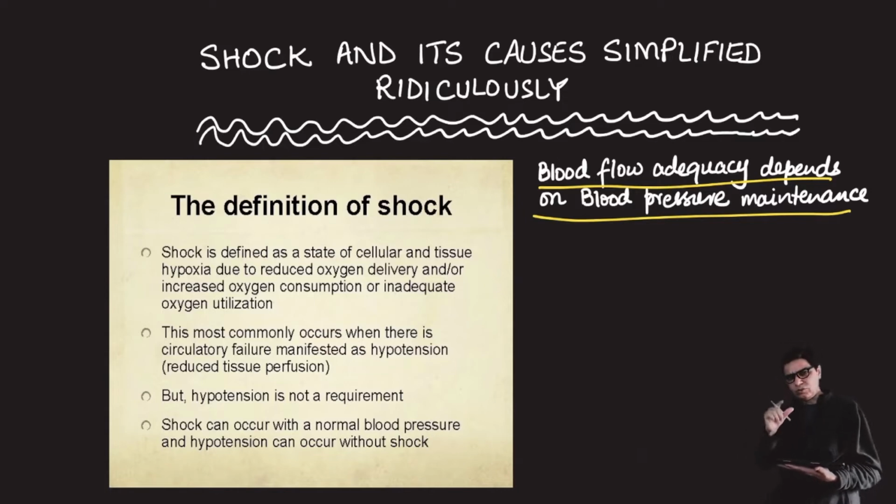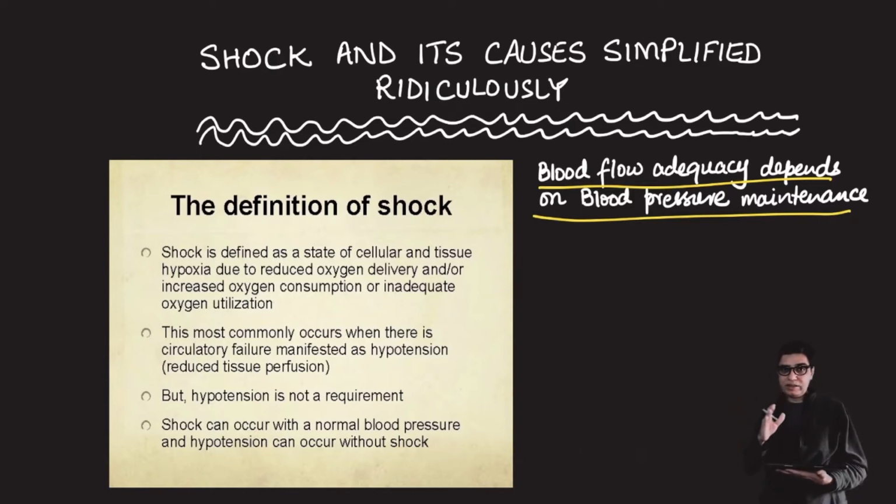So again, in the majority of the cases, because cellular hypoxia is associated with decreased blood flow, and decreased blood flow is associated with hypotension, in most clinical cases shock and hypotension are synonymous with one another.